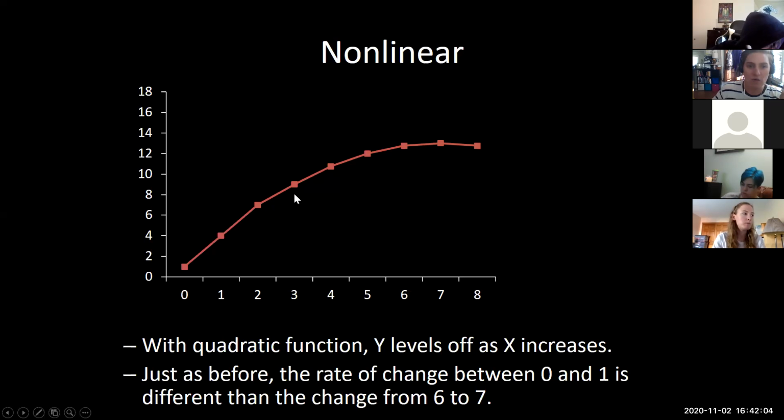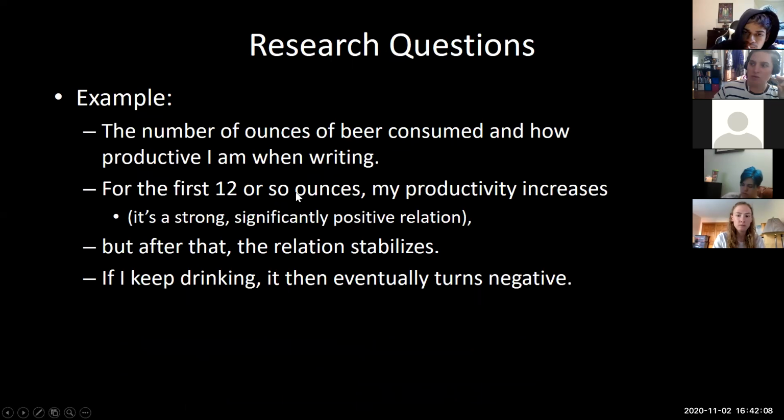So why would you look at something like this? You might have research questions that are exponential in nature. As a fake example, the number of ounces of beer consumed and how productive I am when I'm writing. For the first about 12 ounces of beer that I drink, my productivity goes up.